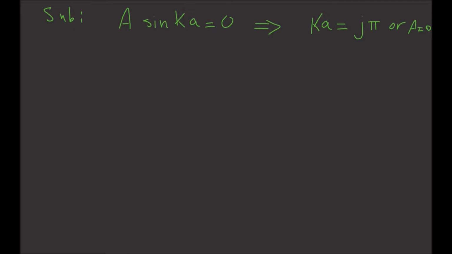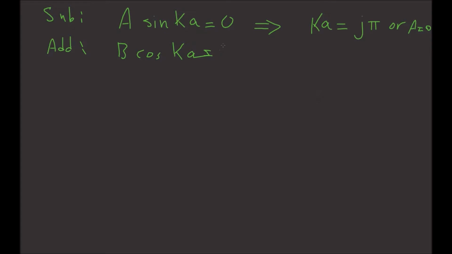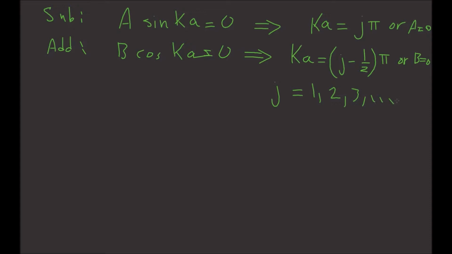And if we add the two equations, we get b cosine of ka equal to 0, which tells us that ka is equal to j minus 1/2 times pi, or b equal to 0, where j runs from 1, 2, 3, and so forth.